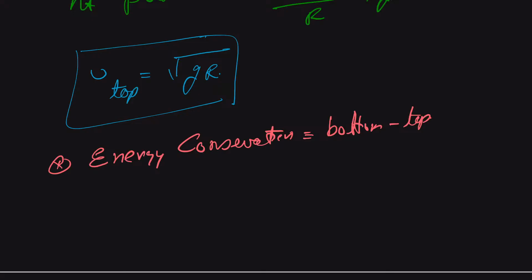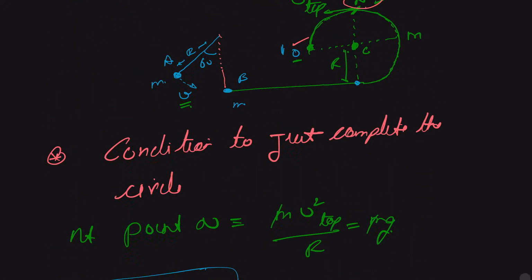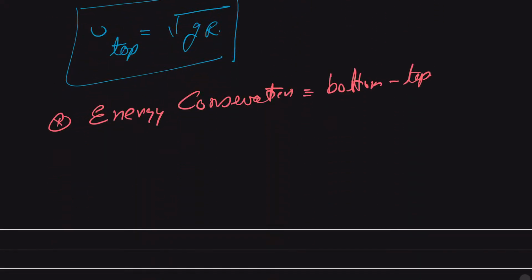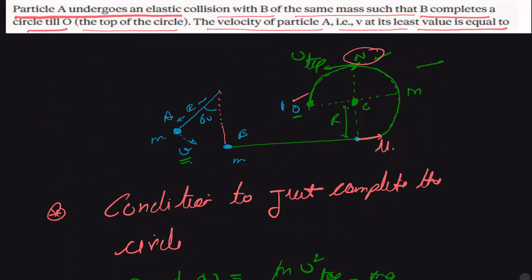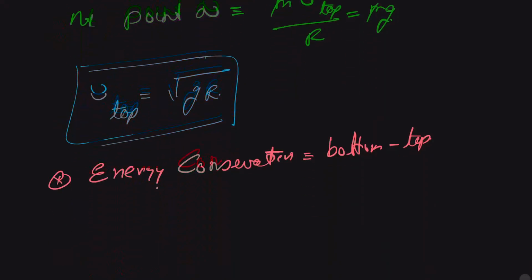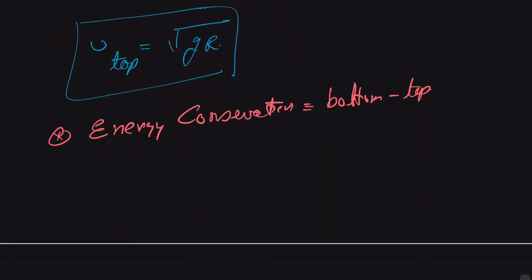At the bottom it is only kinetic energy. Let us suppose at the bottom it has a velocity of u, and the height for potential energy is 2r. So, conservation of energy between bottom and top.